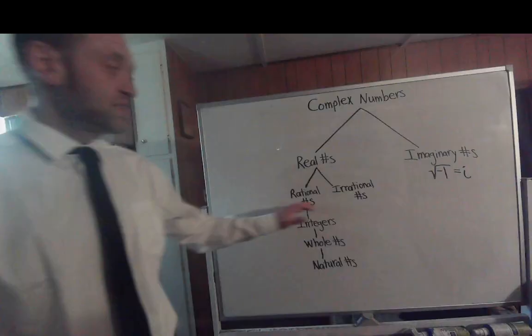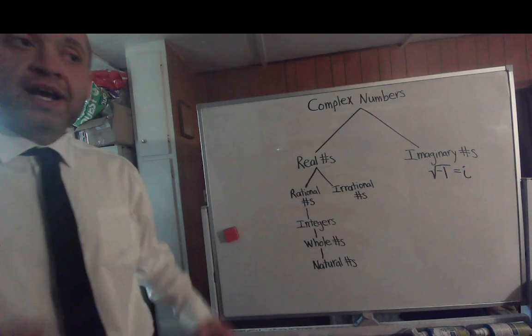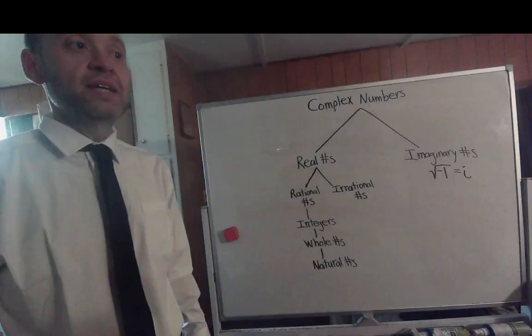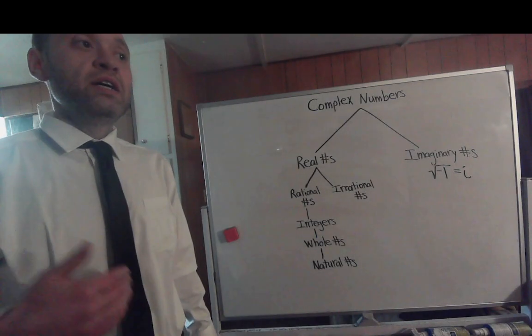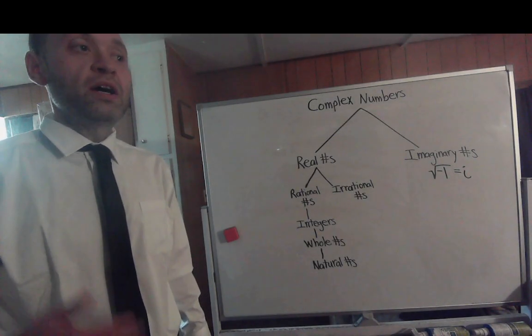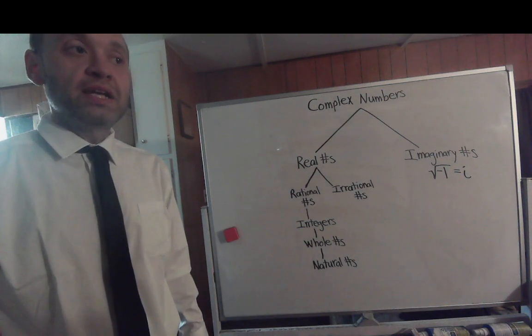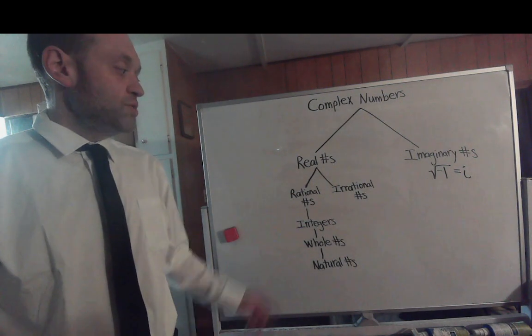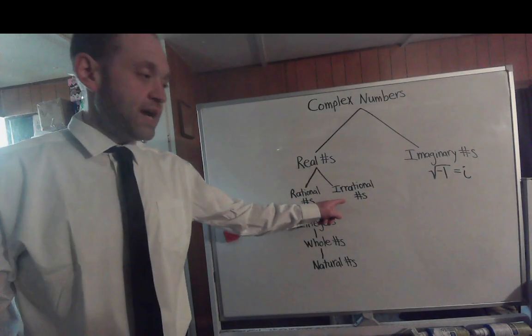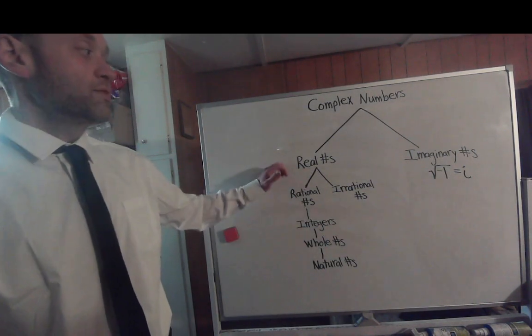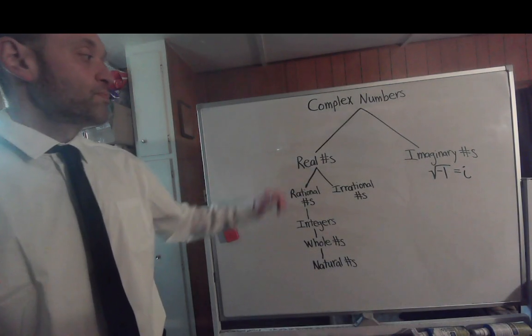And then off to the side on its own, you have irrational numbers such as pi, such as e, or non-terminating, non-repeating decimals. Together, the rational and irrational numbers make up the set of real numbers.